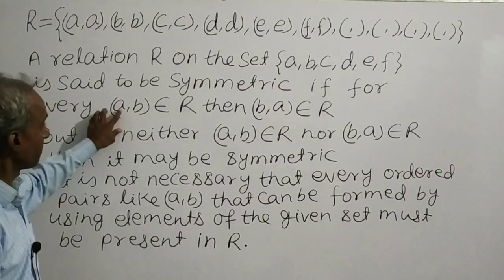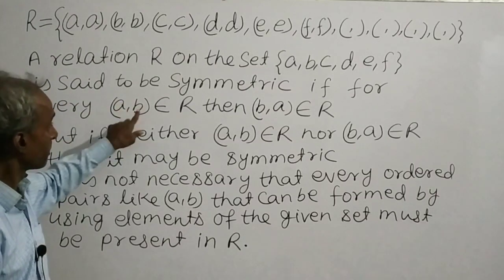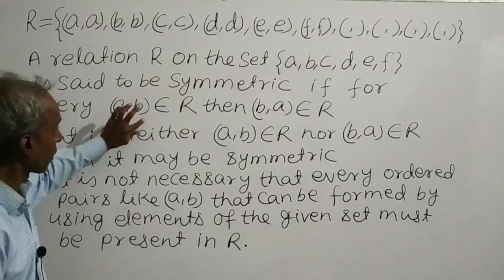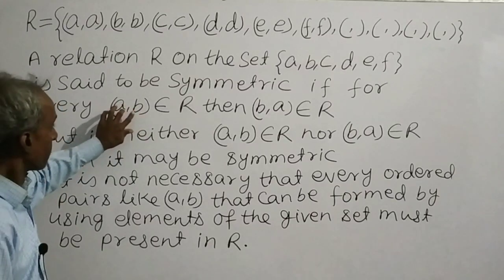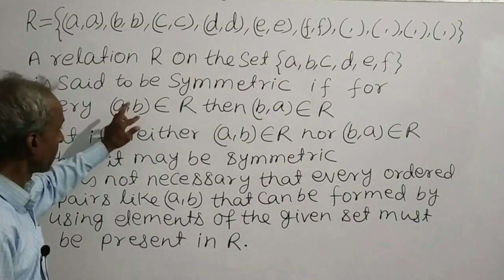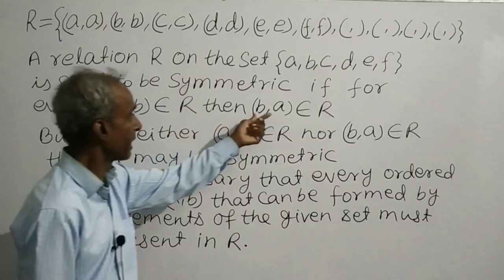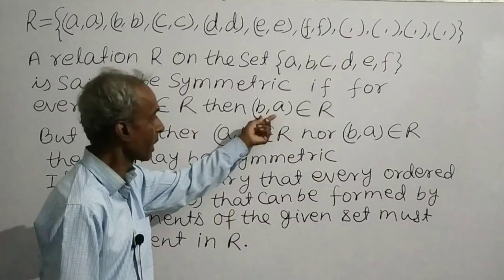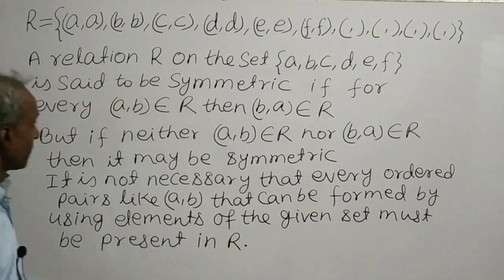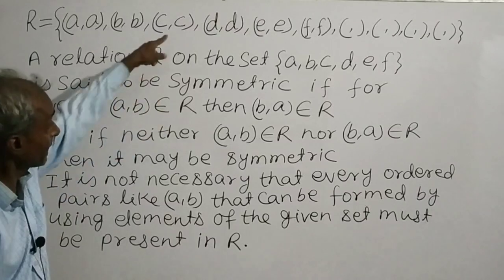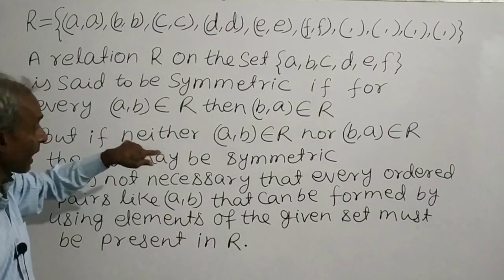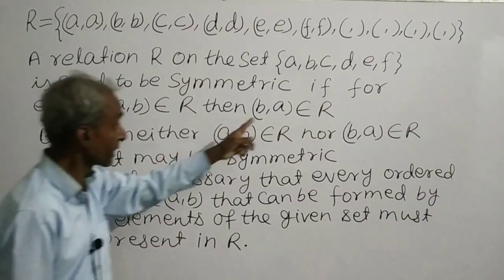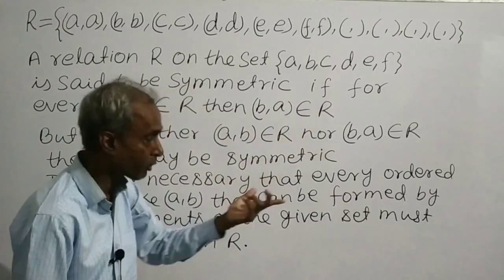Here A is in place of the X coordinate, B is in place of the Y coordinate. If the positions of these two elements are interchanged, then we get this ordered pair BA. If AB is present in R, then we have to see whether BA is present in R or not.